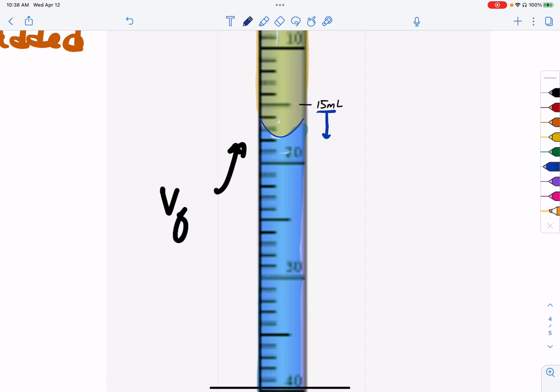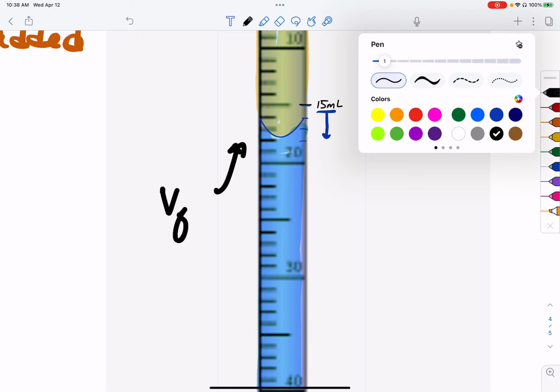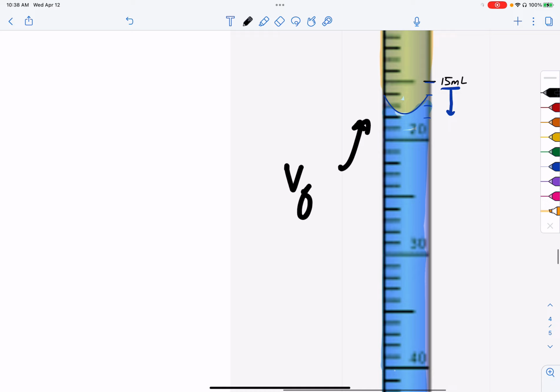For me, this looks like 15, 16, 17. It doesn't look like I'm quite at 18, so maybe 17.8, because it doesn't look like it's right up against 18. So I would say that my final volume is 17.8 milliliters.